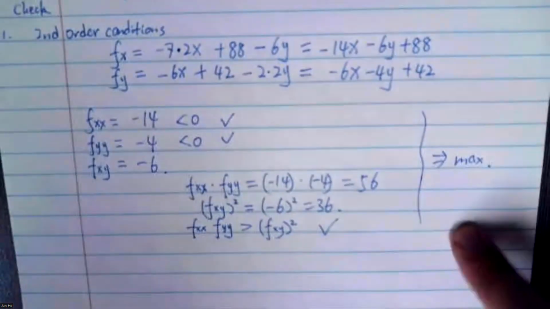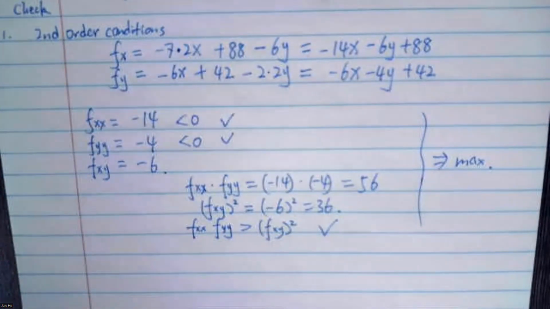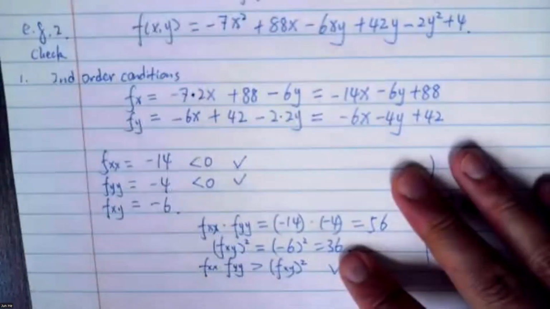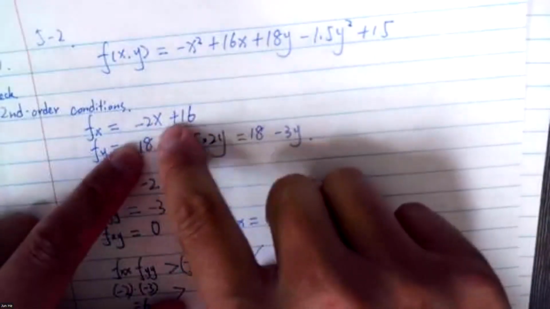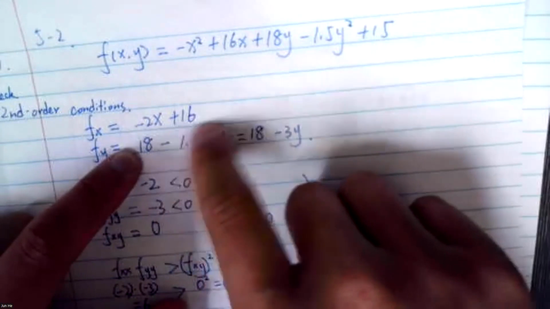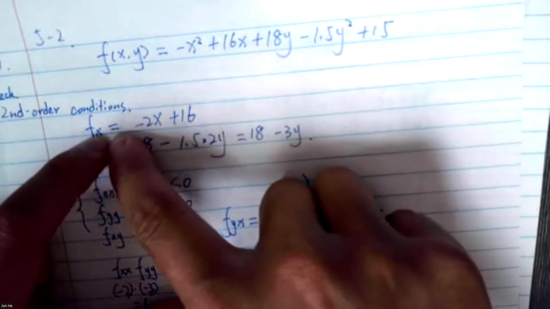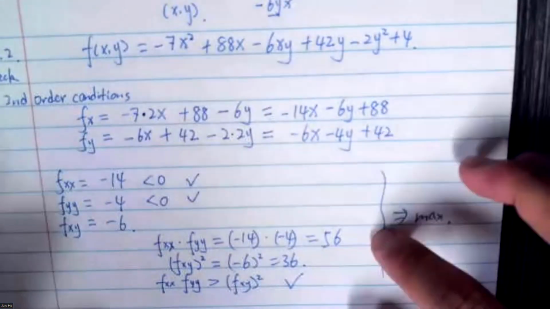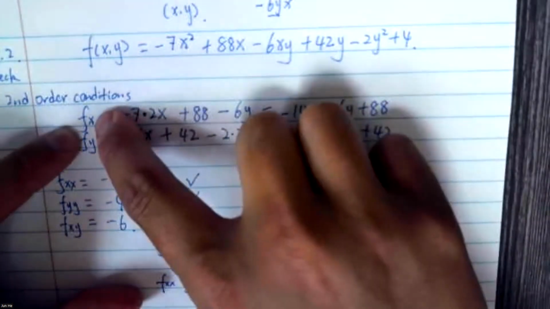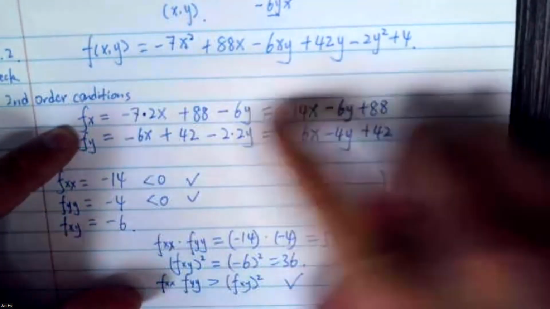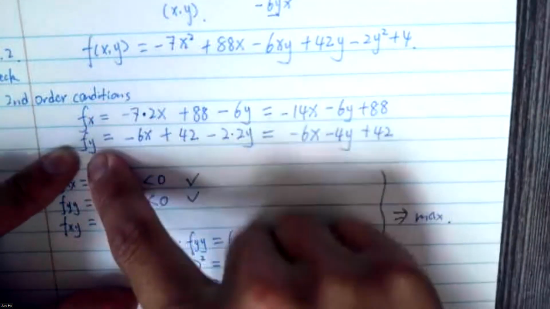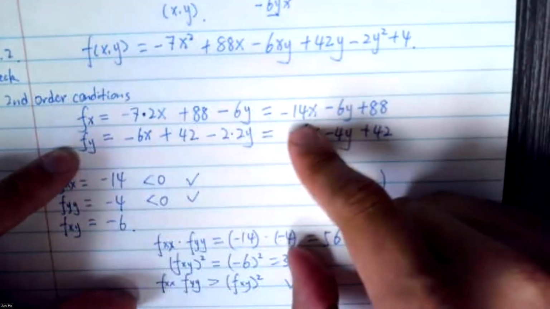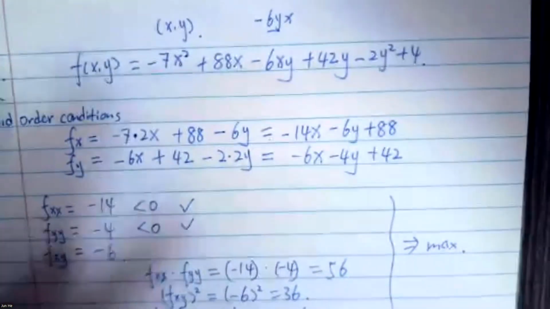So this is another maximum question. But the difference of this from the previous question, example 1, is that here, as you can see, the first order conditions were pure. The first one is only on x. The second one is only relevant to y. So the solution is kind of easy, but here the solution is more complicated because even in the first order derivative with respect to x and the first order derivative with respect to y, we still have two variables inside.